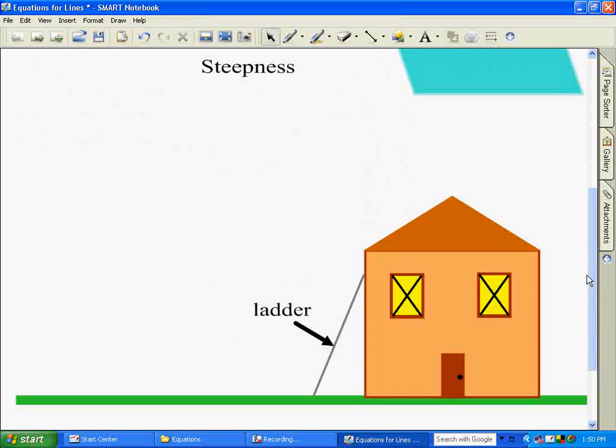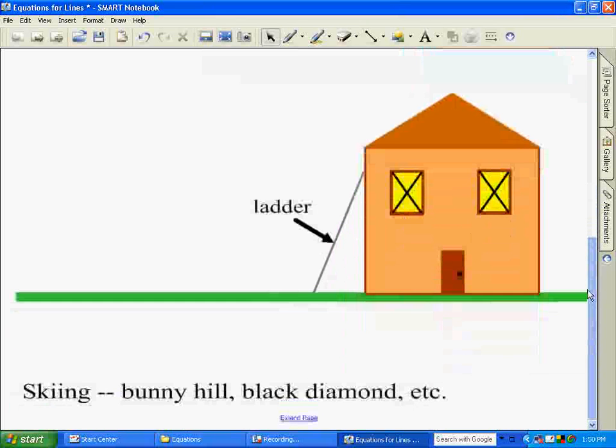So, for instance, this ladder is leaning up against a house and it's sloped upwards, so you might say that has a positive slope as it's going up. Some other thoughts, skiing with like a bunny hill or a black diamond. These have different slopes to them, where the bunny hill would have a lesser slope or a flatter slope, and the black diamond would probably be like one of the steepest slopes you can think of.